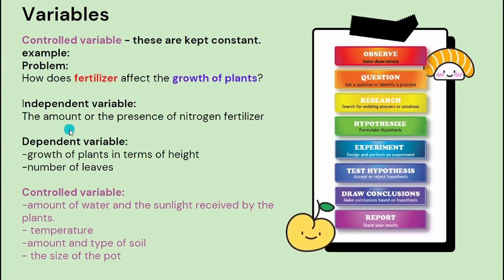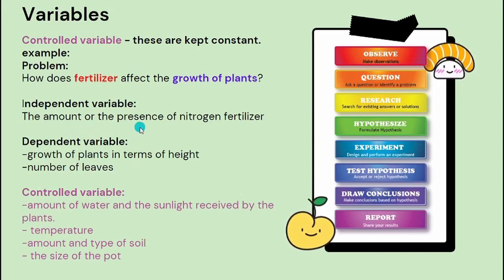Ang independent variable natin is the different amount or the presence of nitrogen fertilizer on the plants.